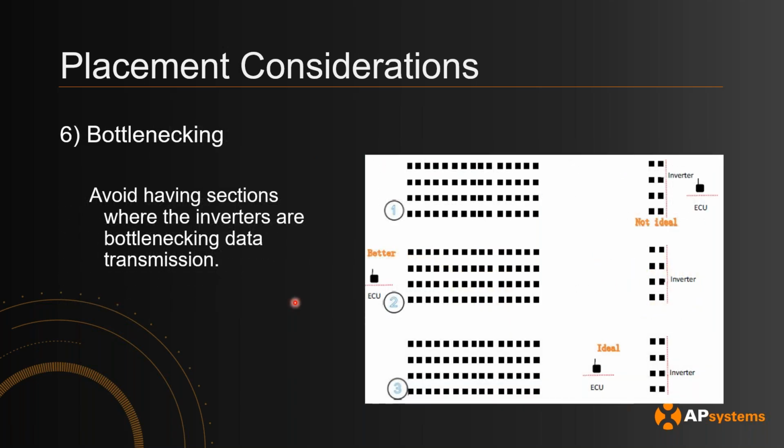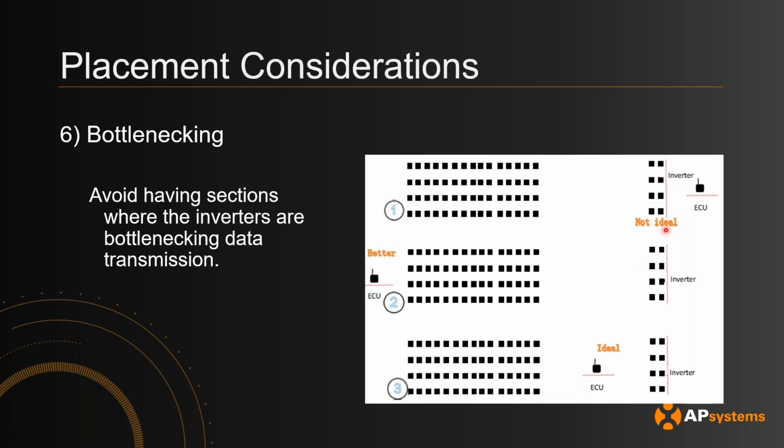And a final note is it's better to put the ECU in the middle of an array as opposed to the edge, because as mentioned earlier, the microinverters act as Zigbee relay points. Microinverters can pass data along to the nearby microinverter, and then pass it to the ECU that way.